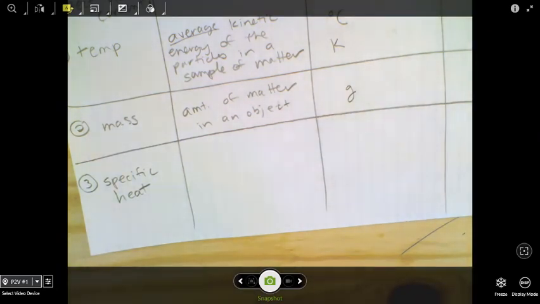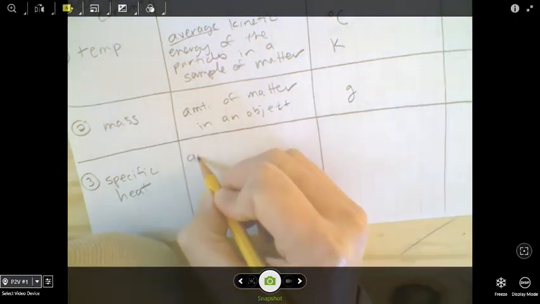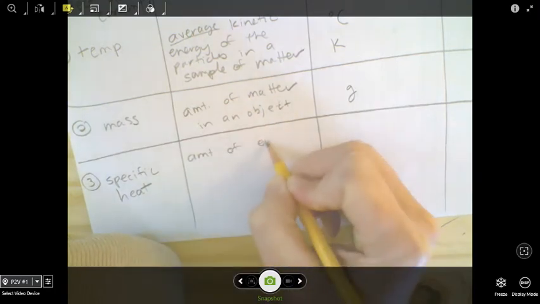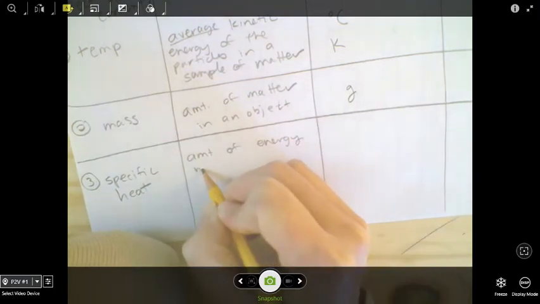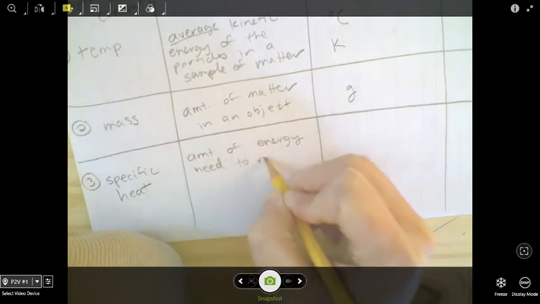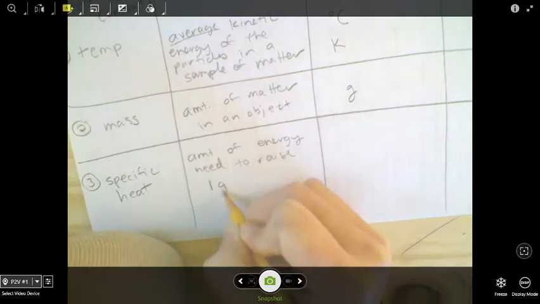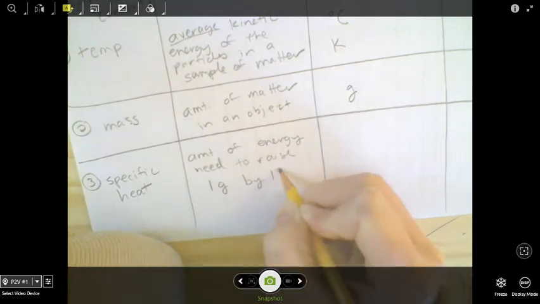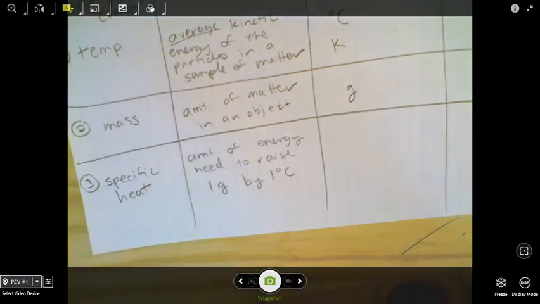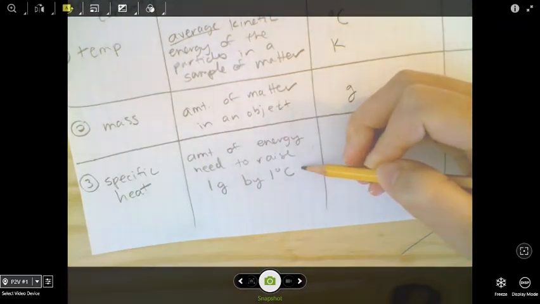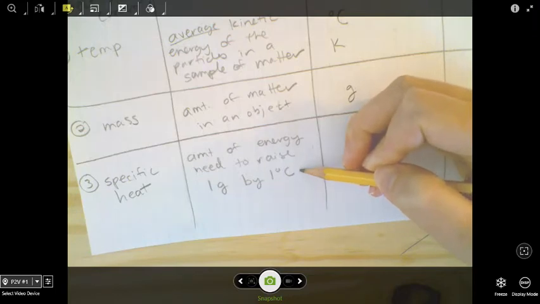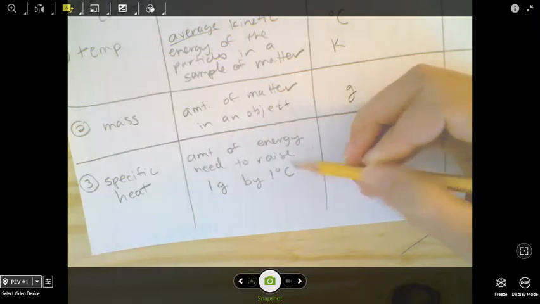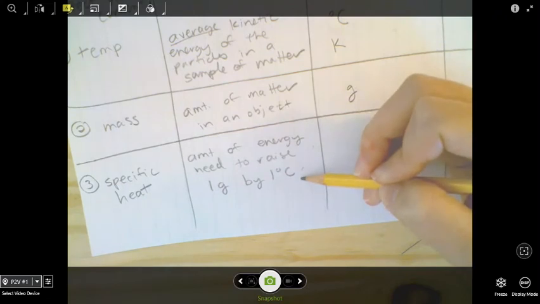The definition of specific heat is the amount of energy needed to raise 1 gram by 1 degree Celsius, okay? And that varies depending on the substance. Some substances like water, you need to add a lot of energy just to get a gram of water to go up by 1 degree.